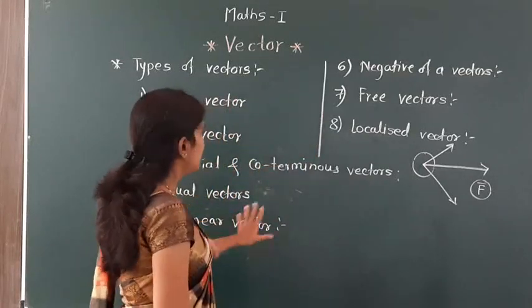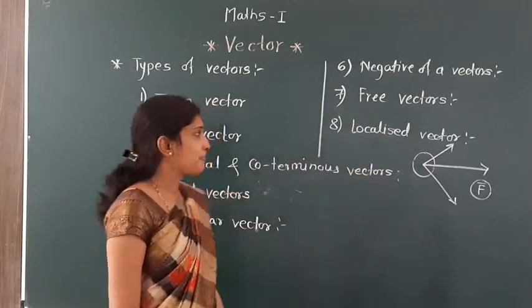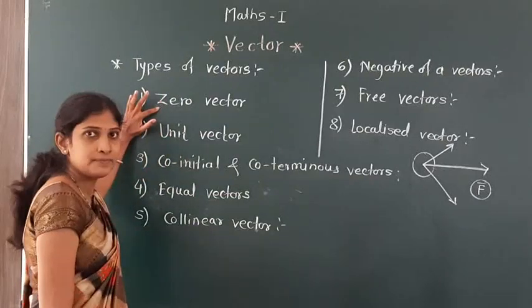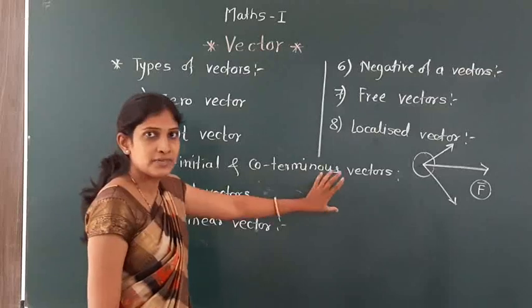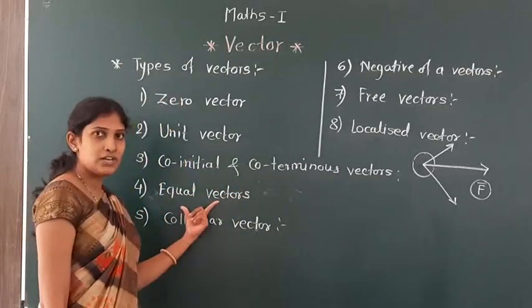So these are the types of vectors. First, zero vector, unit vector, co-initial and co-terminus vectors, equal vectors.